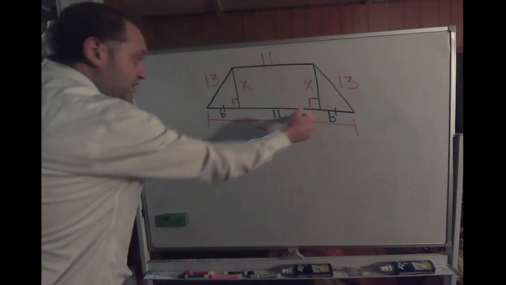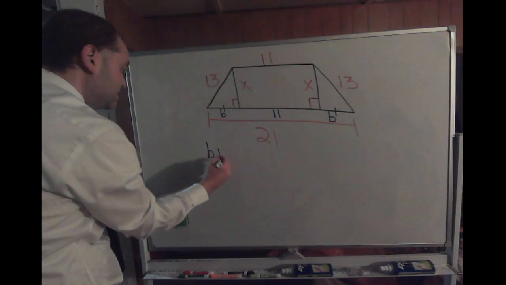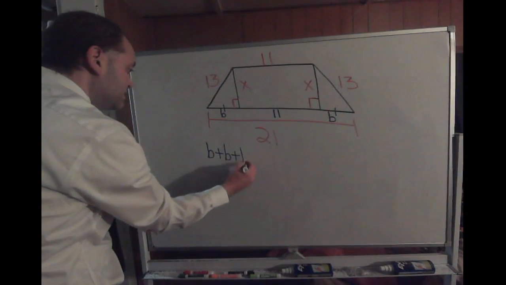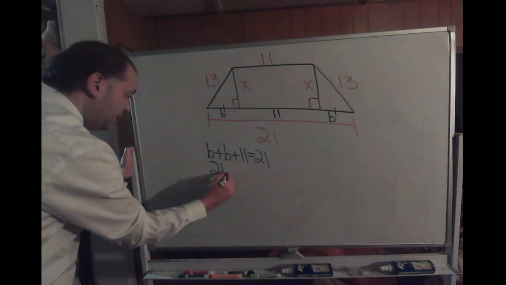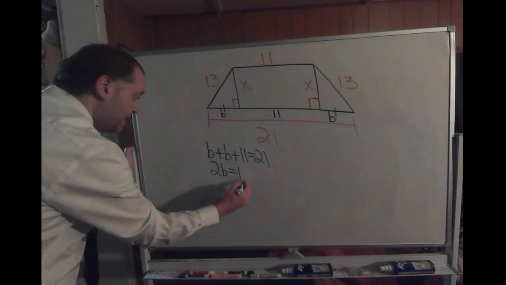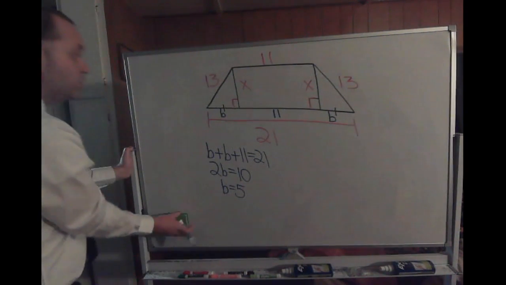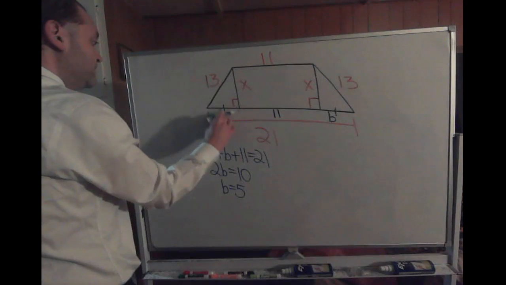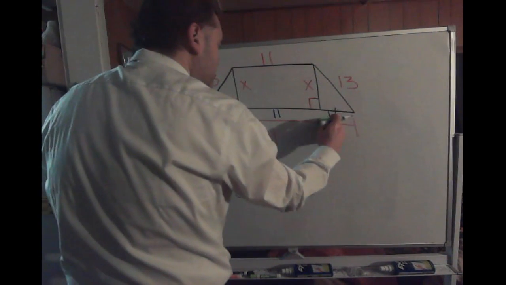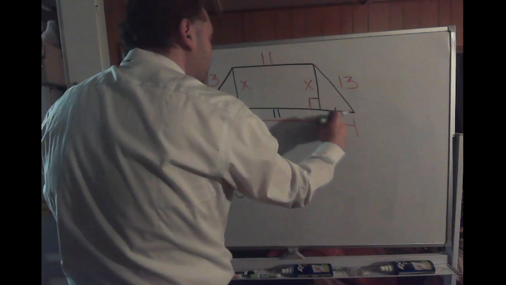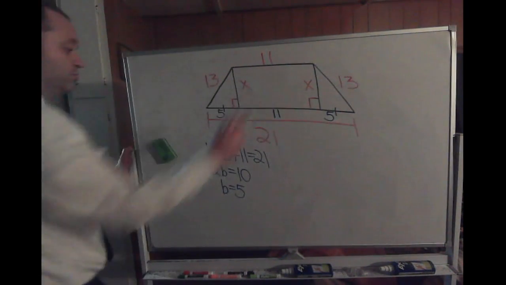So now to find the lengths of these, you take b plus 11 and set that equal to 21, right? Which means 2b is equal to 10, which means b has a length of 5. So each of these legs has a length of 5. Now we can proceed to solve for x. Pick your right triangle, it doesn't matter, you'll get the same answer for both.